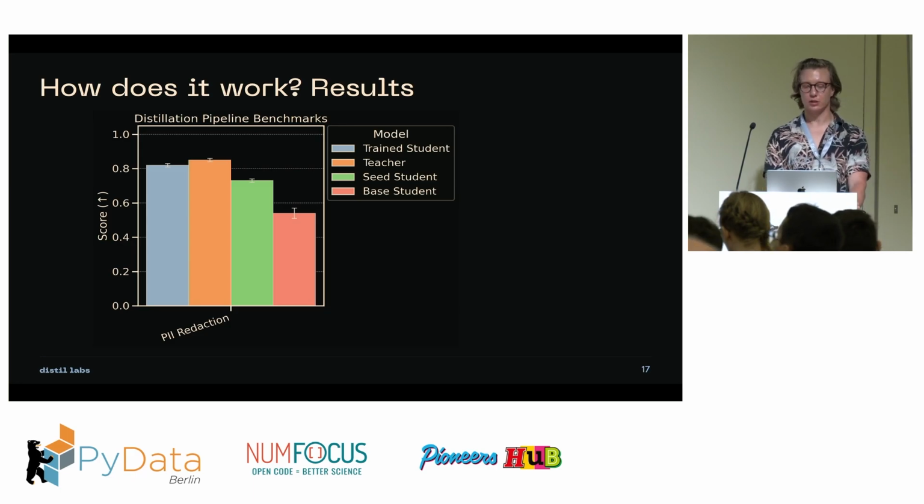The seed student, which was the same Llama 3B trained on just the 10 seed examples. And the base student, which was Llama 3B prompted with our task description and examples. The red bar is how far you can get with prompt tuning effectively.